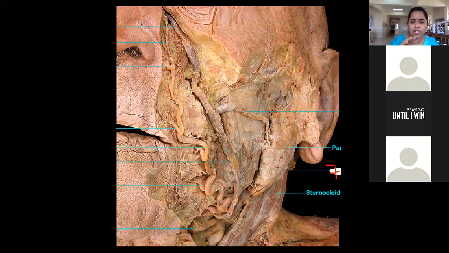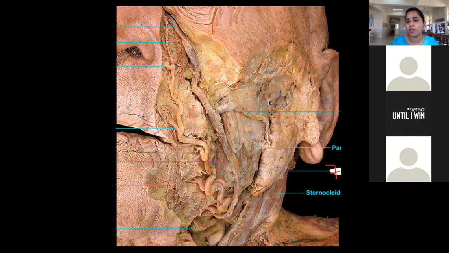That we will study slowly, don't worry. Right now you have to understand origin, course, termination. How does it terminate? By anastomosing with the superior ophthalmic artery, and branches in the face. So that is the blood supply of the face.